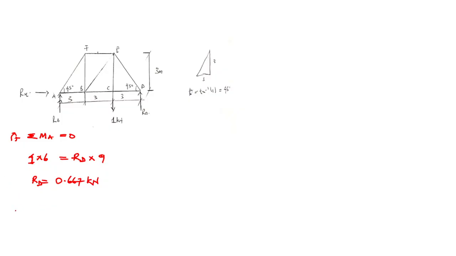If we do summation of forces in the vertical direction, summation of Fy equals 0, and we take this to be our positive direction, then we have Ra plus Rd equals 1. And so we end up having Ra equal to 0.333 kilonewton.